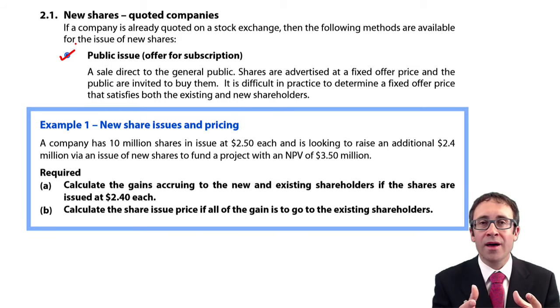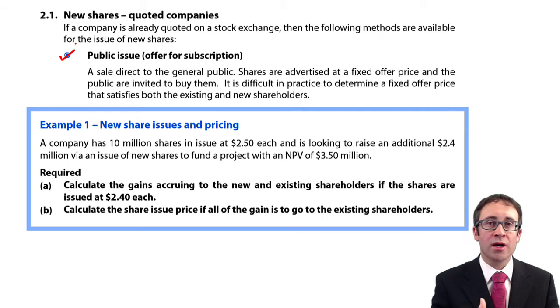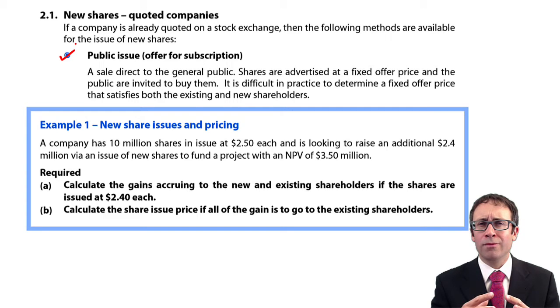And what we will find is that there will be some form of gain made by the existing shareholders, and we'll see in the example in a moment that there are issues there.